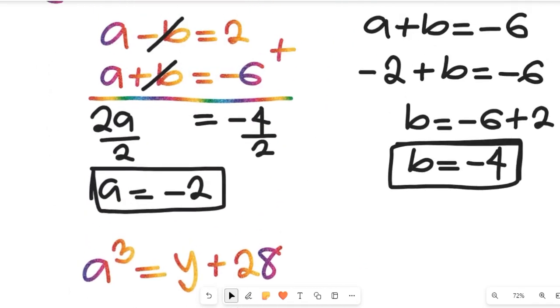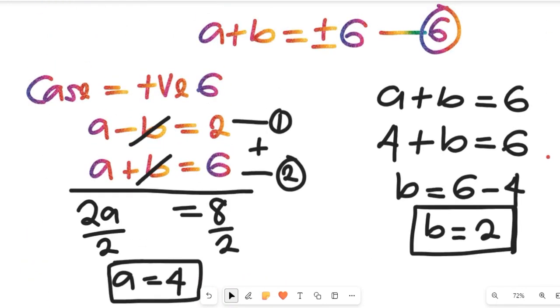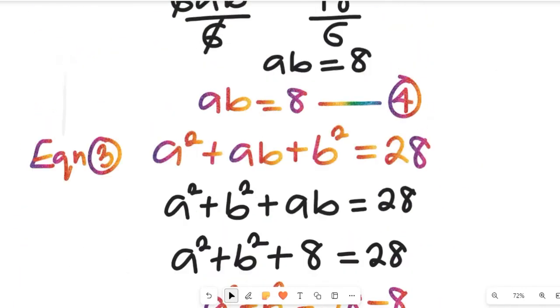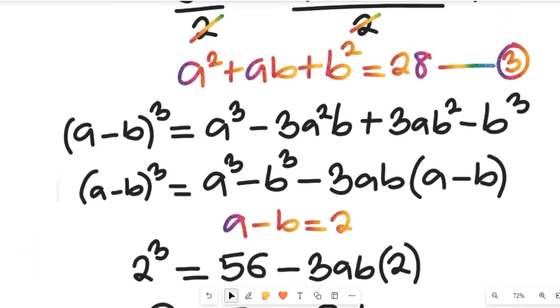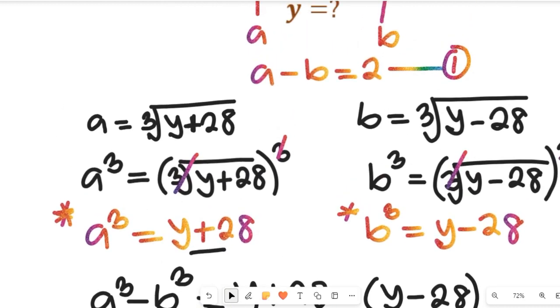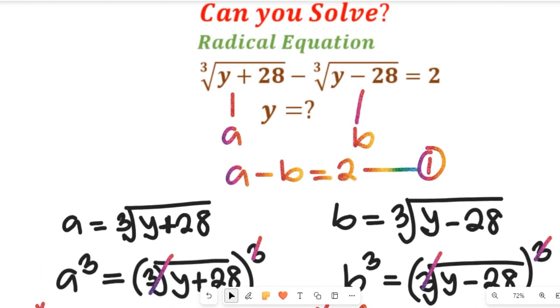Now I want us to take up a task. Take the value of y equal to 36, insert it into the original equation, and check if our solution is right. If it is right, that shows that the solution method we have applied is truly the right solution.